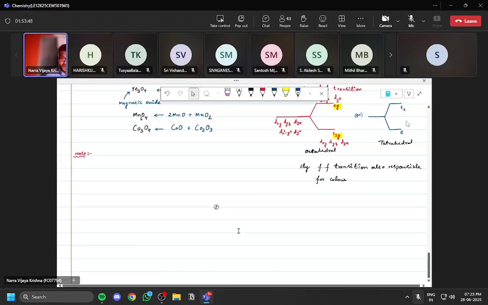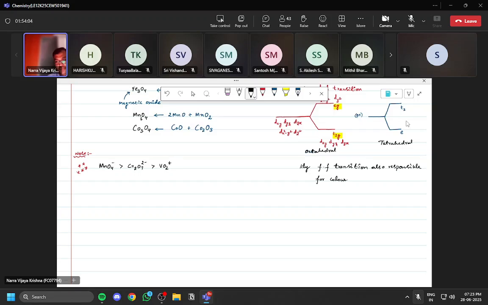Note, very important. Old JEE Advanced question. MnO4- is better oxidizing agent than Cr2O7 2- is better than VO2+. So their oxidizing power order.